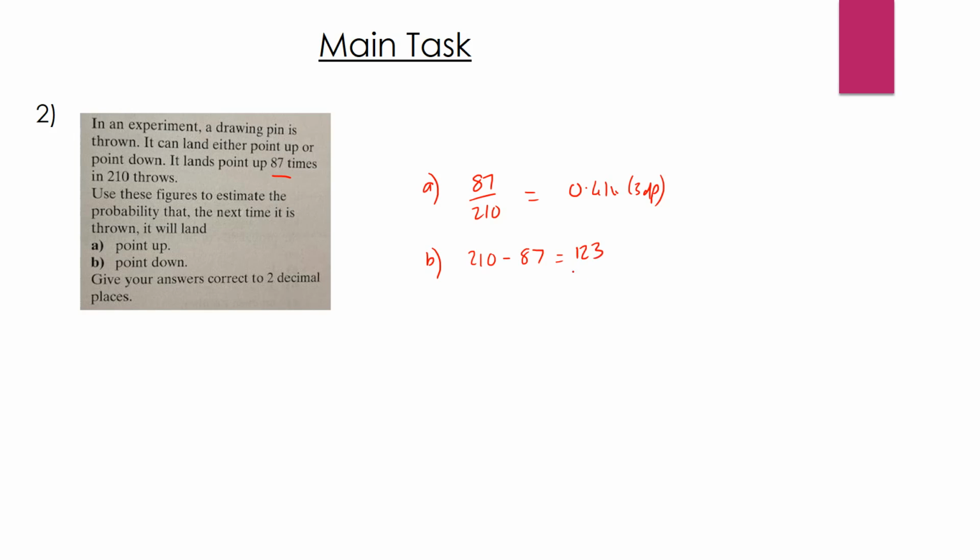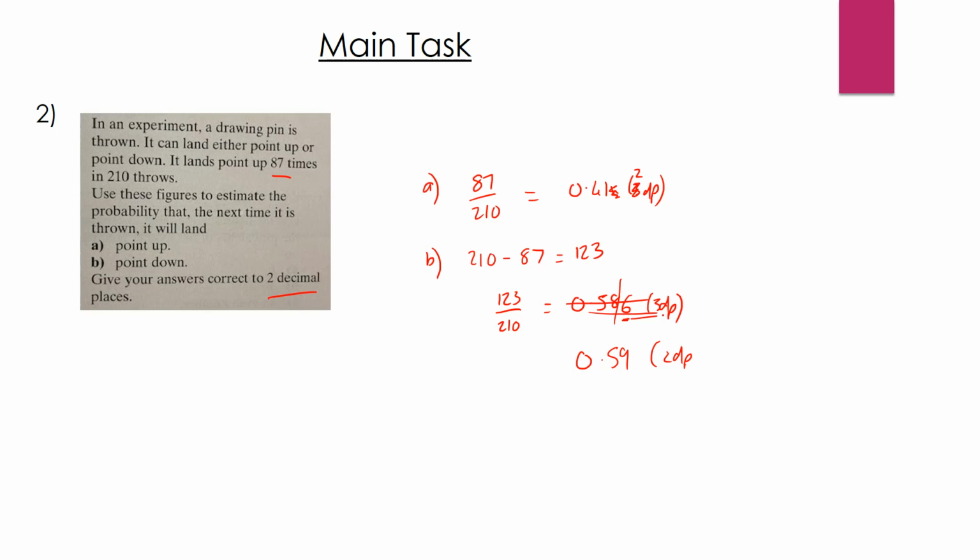So it's 123. So that'd be 123 out of 210. So as a decimal, that's 0.586, correct to 3 decimal places. Okay, sorry, we're being asked for 2 decimal places, so I need to correct these. So 0.41 to 2dp. And on this one, we've cut it off here, so 0.59 to 2dp.